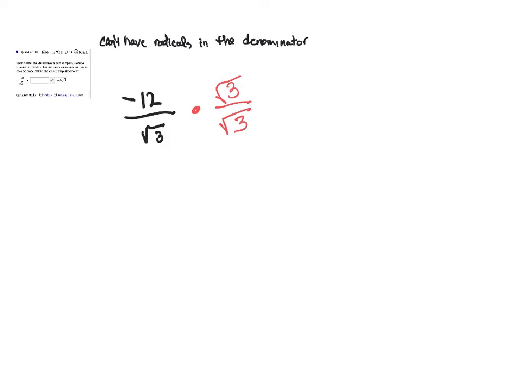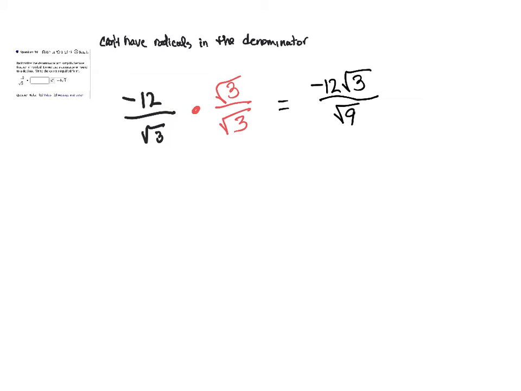So when I multiply across, negative 12 times root 3. Now the negative 12 is not underneath the radical, so I just multiply it times that coefficient on that root 3, that's understood to be a 1. So negative 12 times 1 root 3, so that's negative 12 root 3. On the bottom, that's root 3 times root 3, which is the square root of 9.